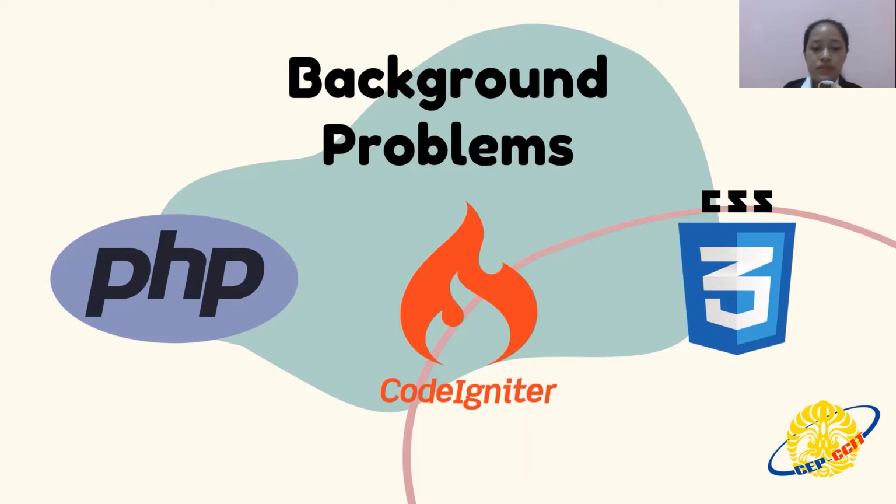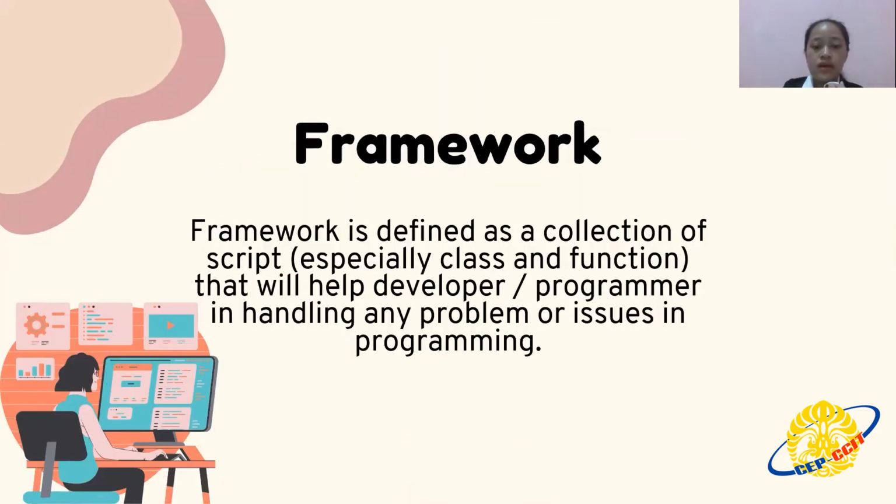Why? Because it is more comfortable and convenient for the programmer to use a framework. From the paper that we review, we conclude that the writer made a simple web application using the PHP programming language and the CodeIgniter framework, with CodeIgniter 2.1.1 and the JavaScript library jQuery 1.3.2.